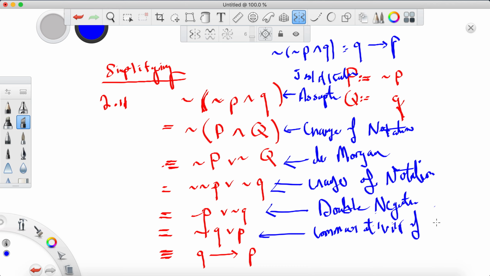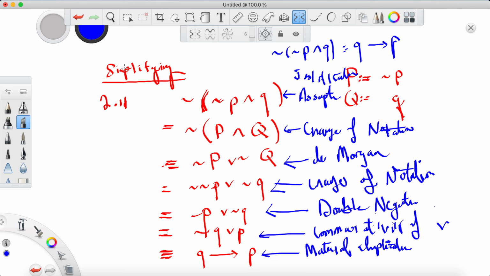Right, the commutativity of, or sorry, of or, and this is just what material implication is. We gave that arrow a few different names. One was implies, one was if then, another was material implication. They're all just different names for the same thing.